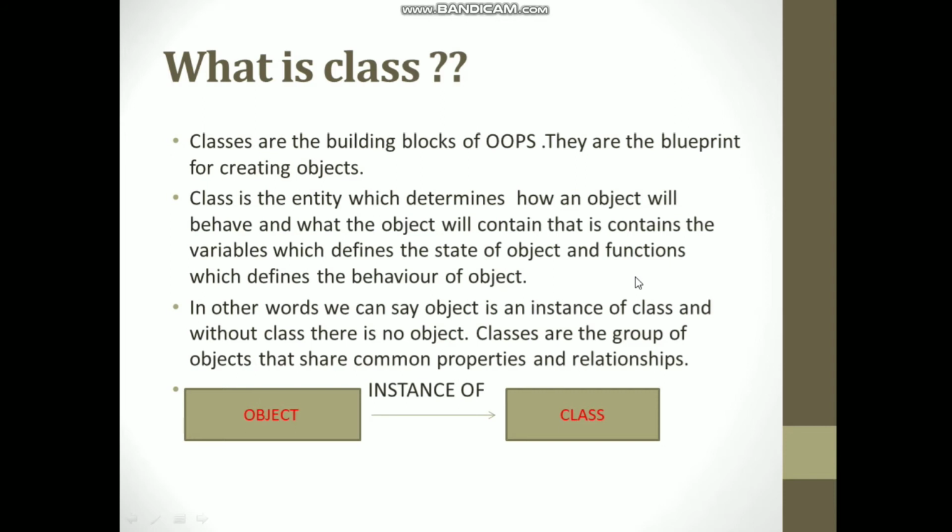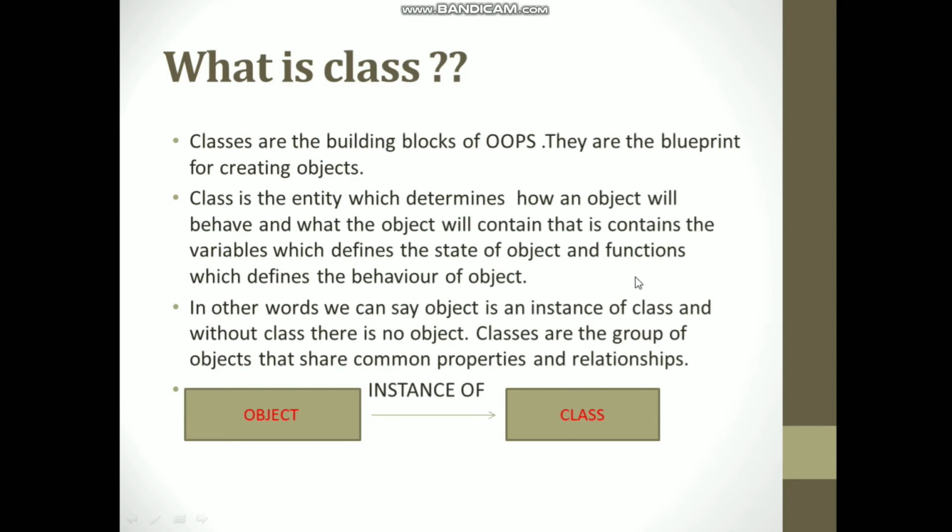That is, it contains the variables which define the state of the object and functions which define the behavior of the object. Every class has variables and functions. That means variables define its state and functions define its behavior. In other words, we can say that an object is an instance of a class and without a class there is no object. So class is the building block of object-oriented programming structure.